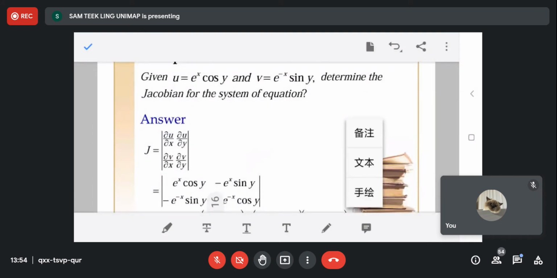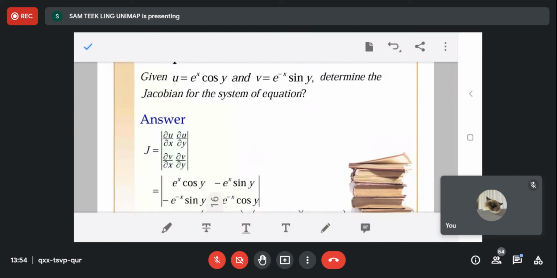So, Jacobian. Given u equals e^x cos y and v equals e^(-x) sin y.